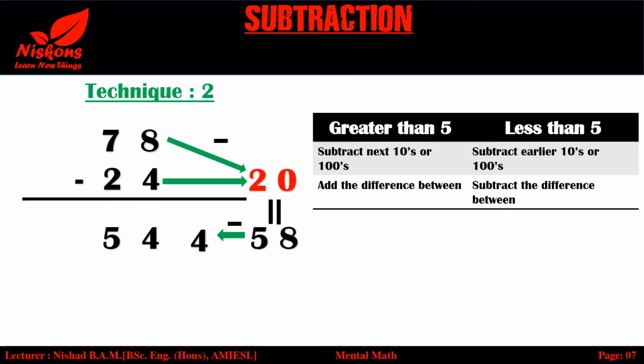If the number is less than 5, that means 21, 22, 23, 24, we have to subtract the earlier tens number. And if we obtain the next tens, we have to add the difference. Alternatively, if we obtain the earlier tens numbers, we have to subtract the difference.